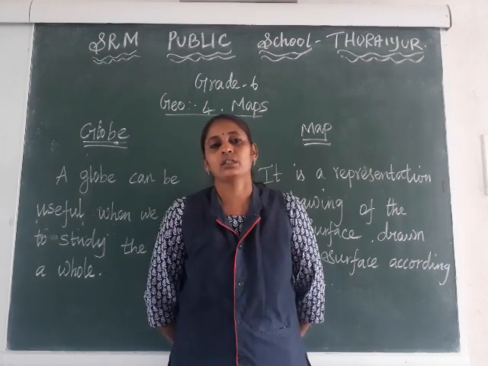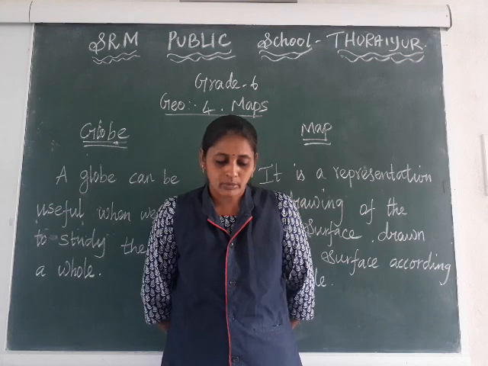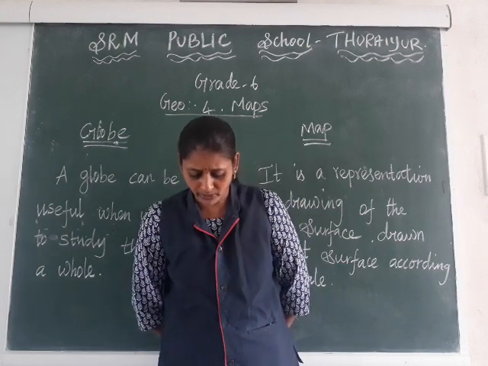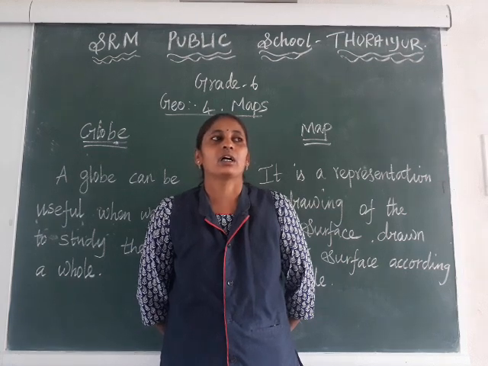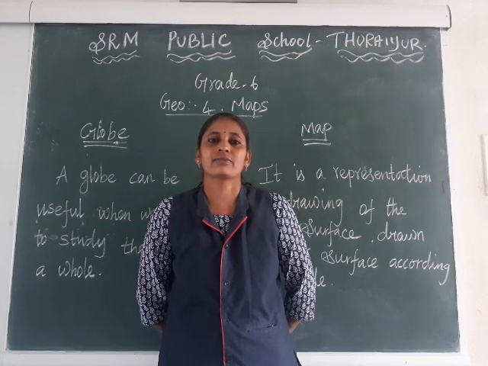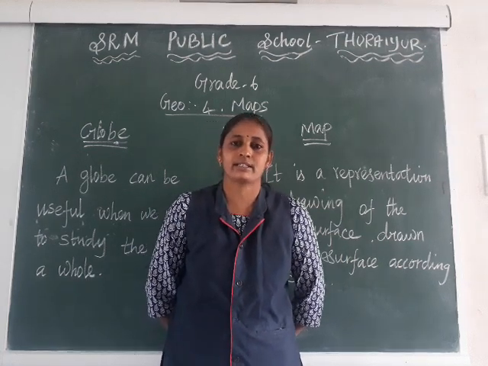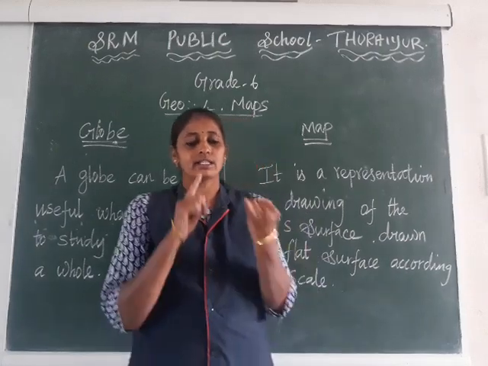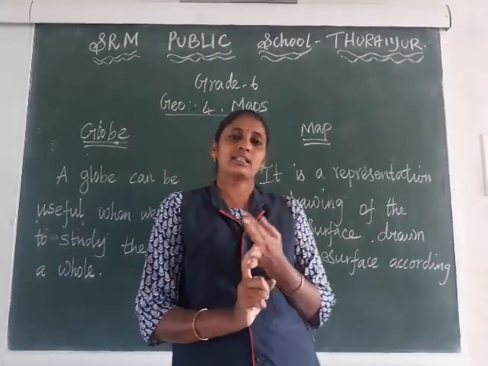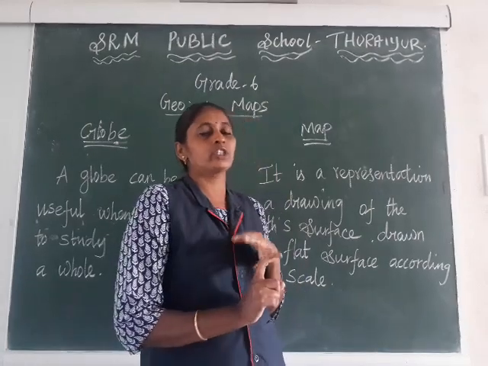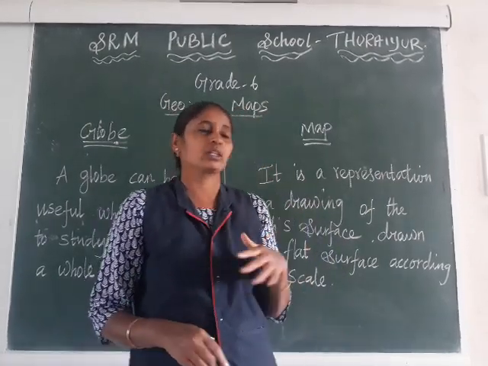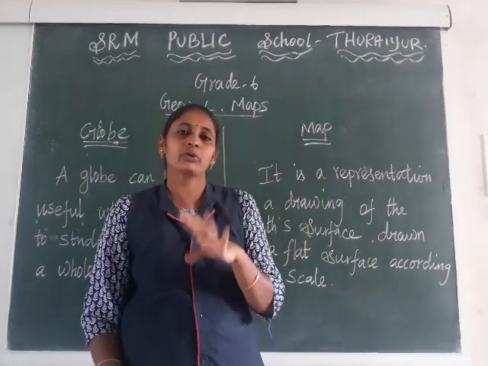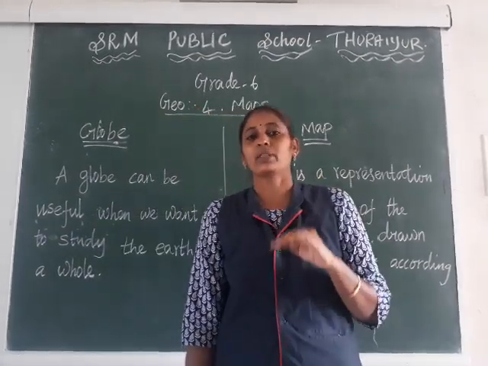Then the third lesson, major landforms. Then summer solstice, winter solstice, the motion of the earth we discussed, right? So up to now, we have discussed the solar system, globe, latitude, longitude and the motion of the earth. Okay. So today we are going to start the fourth lesson, map.